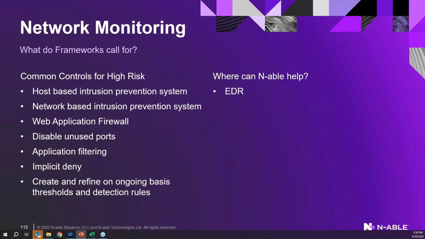Implicit deny, moving over to an implicit deny design of your networks, where everything is blocked except for what is required. This can be a giant headache if you are not a network engineer. This is a mountain climb, but it is what they start to ask for in these high risk environments.